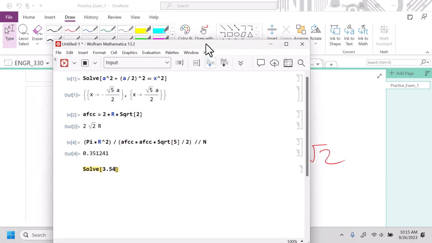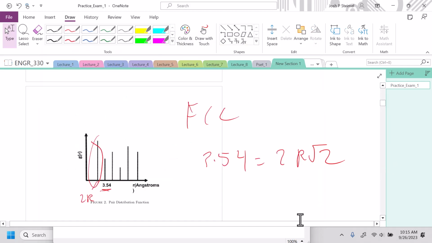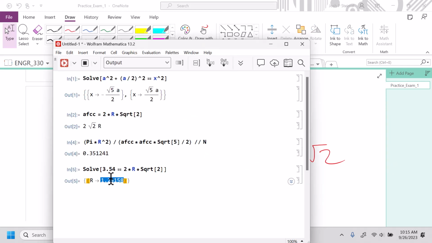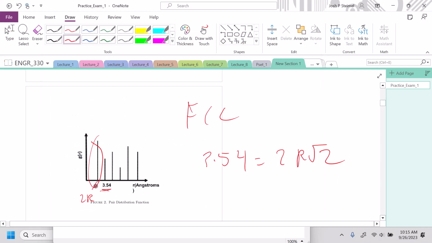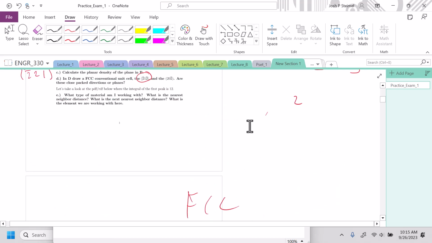Solve 3.54, set equal to 2 times r times square root of 2. This is indeed a metal. So my r is 1.25, so my 2r, times 2 is equal to 2.5. So I'm going to call this 2.5. We know it's FCC, we know it's a metal, so we can actually find out what the material is.